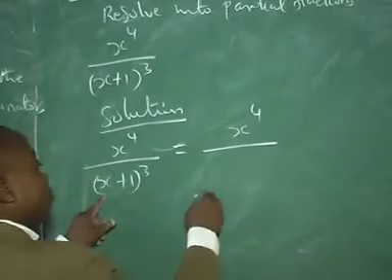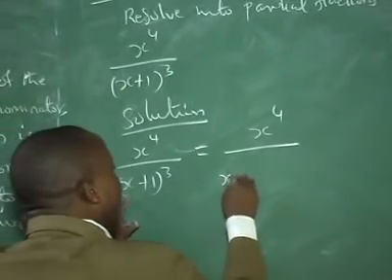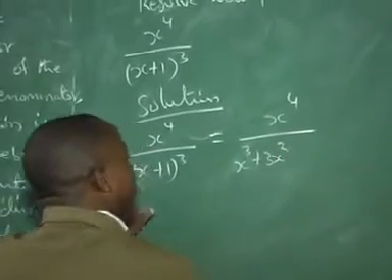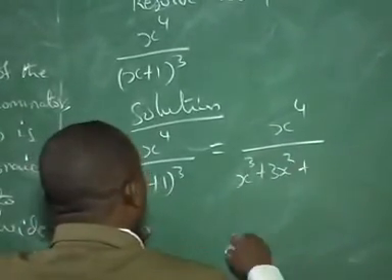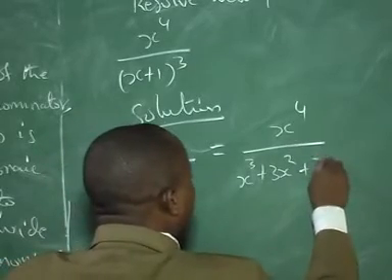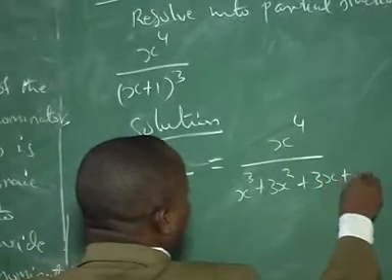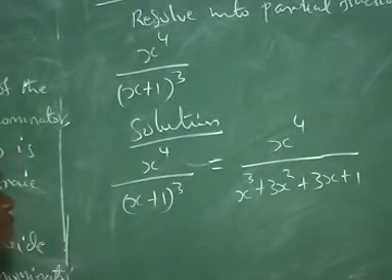By binomial expansion, we have x cubed plus 3x squared plus 3x plus 1. How?